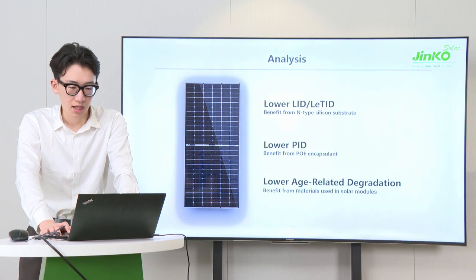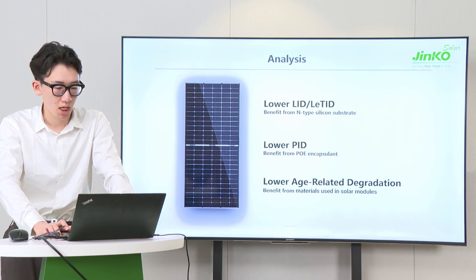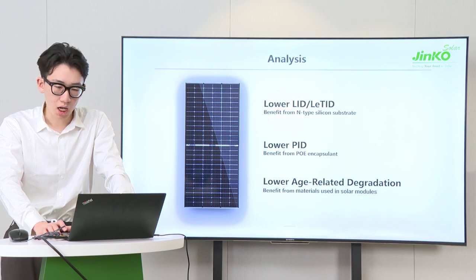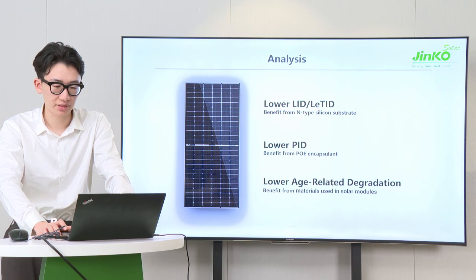About the analysis, firstly, LID is primarily caused by the interaction of oxygen with boron dopants, and this interaction creates defects in the crystal lattice of the cell, leading to a decrease in performance. N-type cells, on the other hand, do not contain boron as a dopant, making them less susceptible to LID.